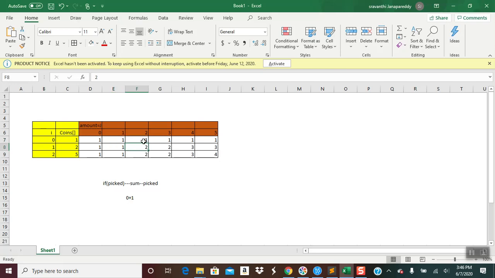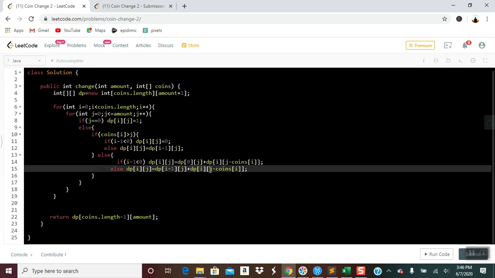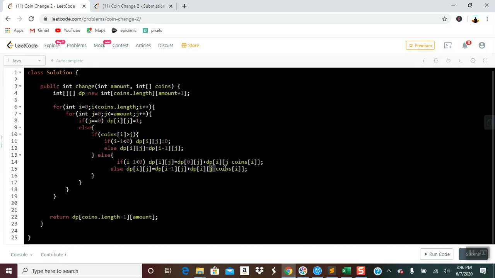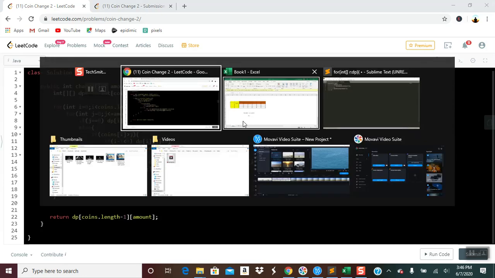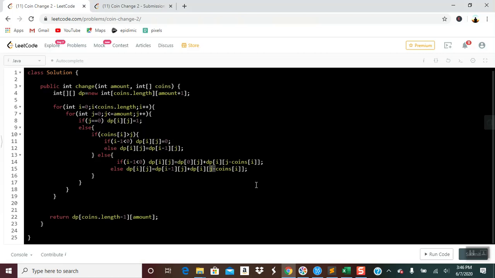Else, if it is not greater than, then the previous value means it is not picked, and when it is picked, you subtract from the sum amount, and whatever it is processed before, pick that value, right? So this is the one.